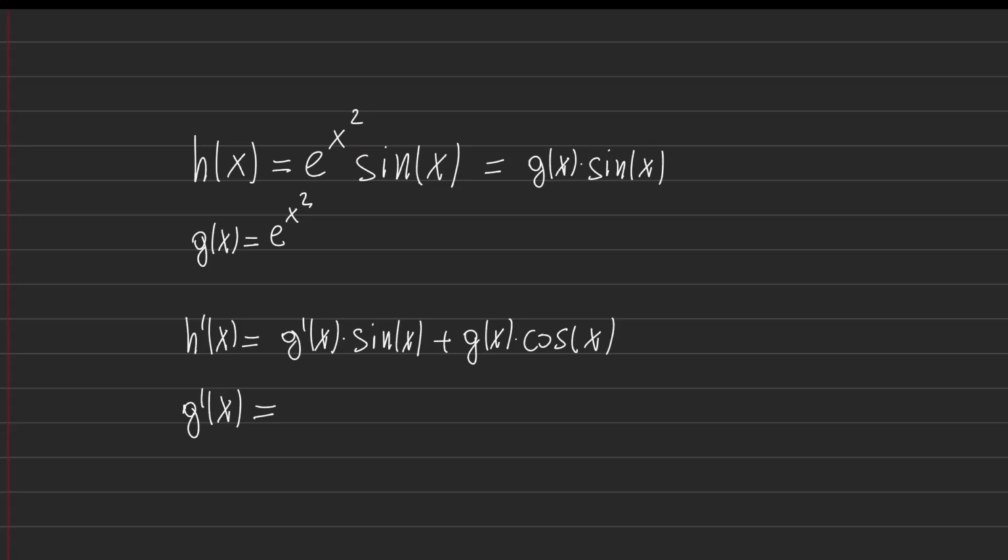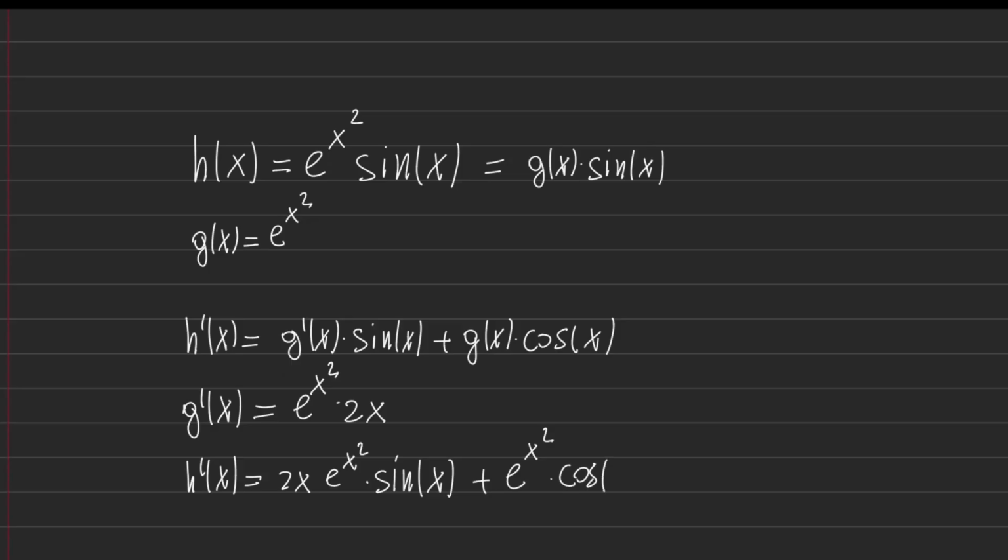Therefore, we are going to get e to the x squared times the derivative of the exponent, which is just 2x. And now I can substitute everything in h prime, getting that h prime of x is equal to 2x e to the x squared times the sine of x plus e to the x squared times the cosine of x.